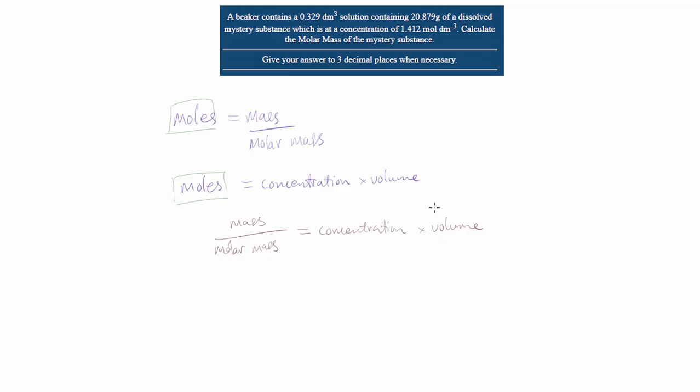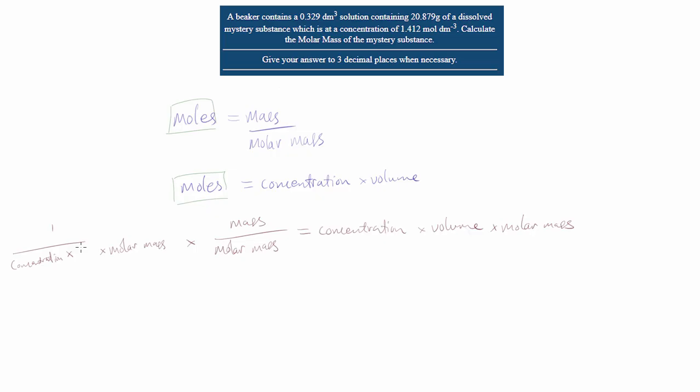What that's going to do is put molar mass on this side. So this is going to be multiplying this side by molar mass, and this side is going to be multiplying that by molar mass. And we're going to also be multiplying this side by effectively 1 over concentration times volume.